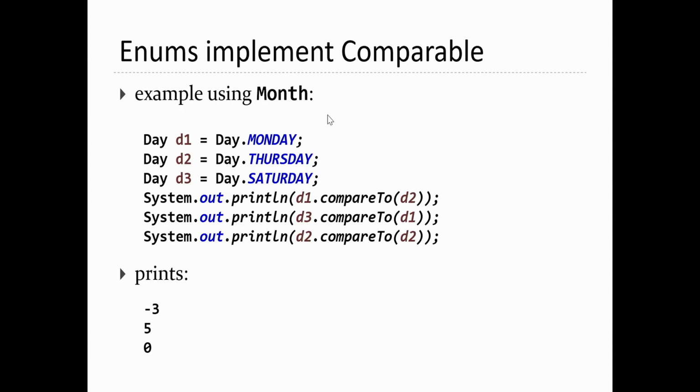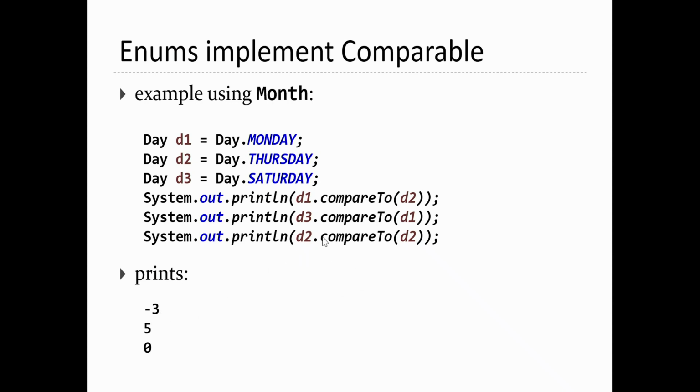Here's an example of using compareTo with the month, oh, this is with day, sorry, that's mistitled, using day. So I have 3 days, day 1, day 2, day 3. If I compare Monday to Thursday, so D1 compared to D2, Monday comes before Thursday, so I expect a negative number, and I get -3.